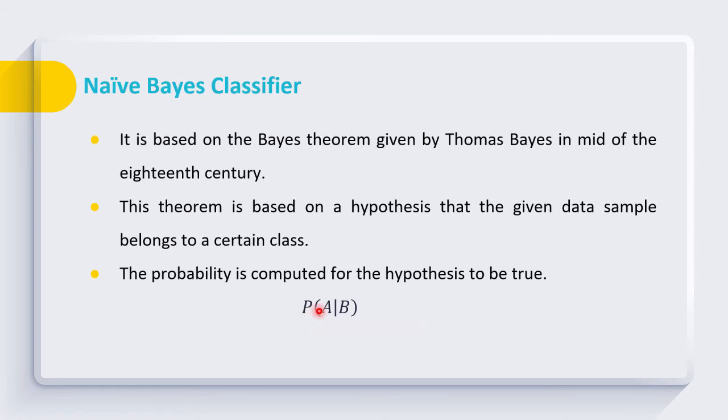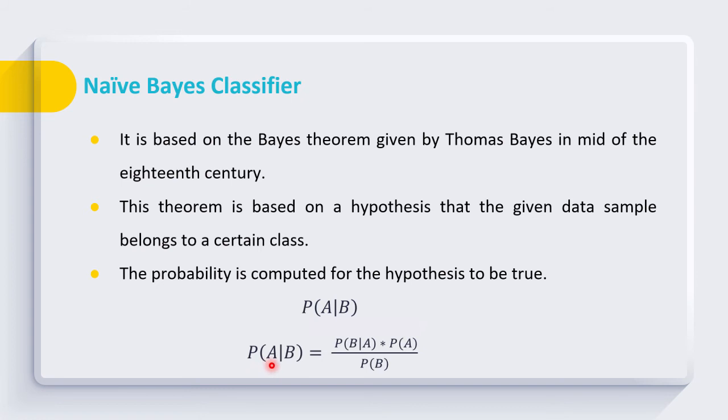According to Bayes theorem, we calculate the conditional probability of A given B. It means that B has already occurred, and what is the probability that the next event is A. So here we calculate the probability of occurrence of A when B is given, or it is simply called A given B. And in order to calculate A given B probability, we can make use of Bayes theorem.